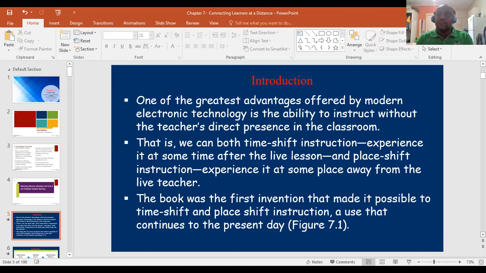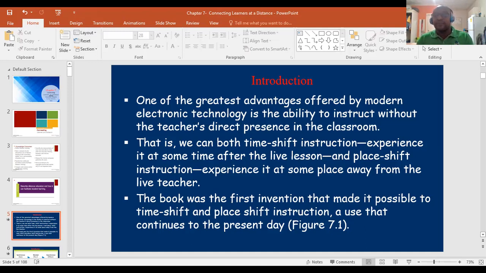So this particular lecture is gotten from our main texts that we have been emphasizing by Shannon and others. And I want to let you know that this was one of the first innovations in the area of instructional media and technology for learning that has made it possible to time shift and place shift instruction, and it continues to present even to this day.